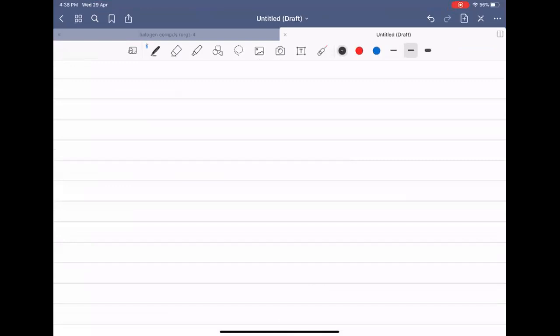Reaction of alkyl halide with the silver salt of a carboxylic acid to form an ester. Once again, this nucleophile is R-COO minus and Ag plus.